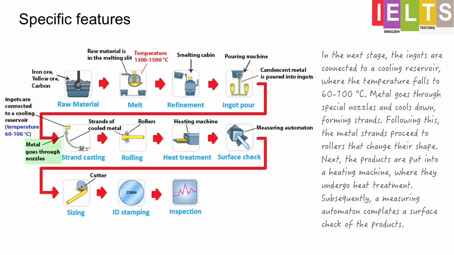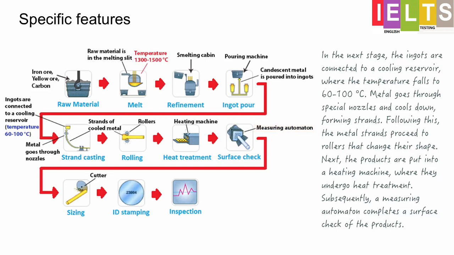Metal goes through special nozzles and cools down, forming strands. Following this, the metal strands proceed to rollers that change their shape. Next, the products are put into a heating machine, where they undergo heat treatment. Subsequently, a measuring automaton completes a surface check of the products.